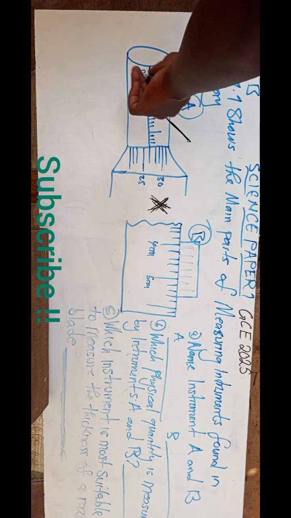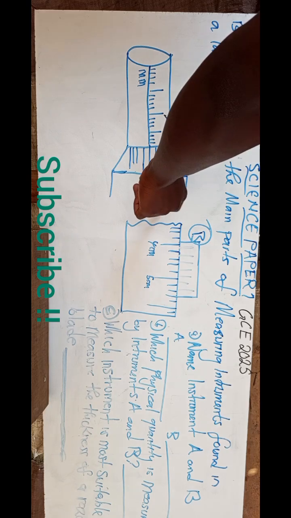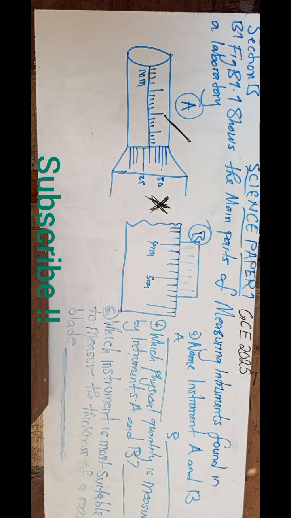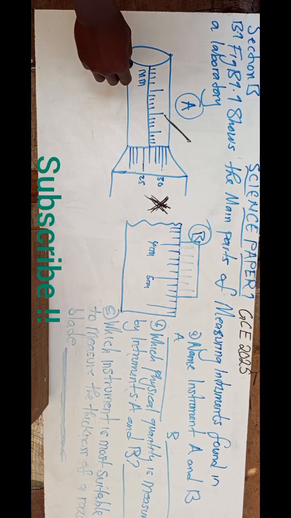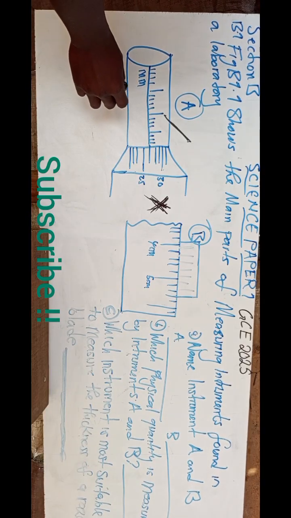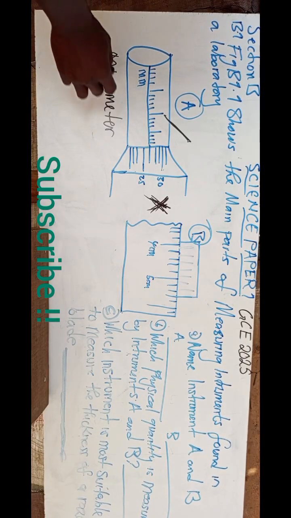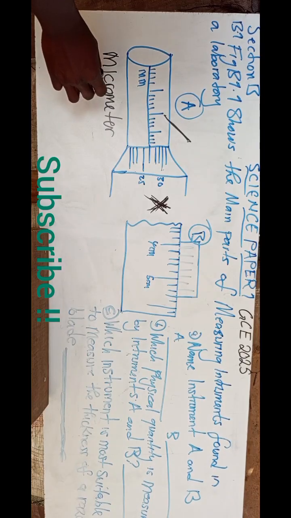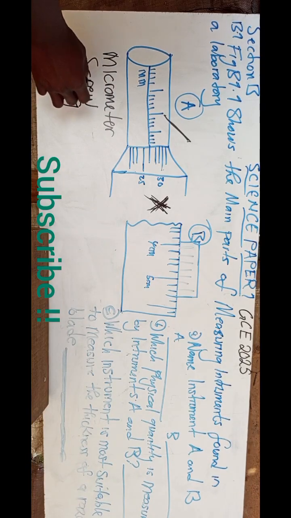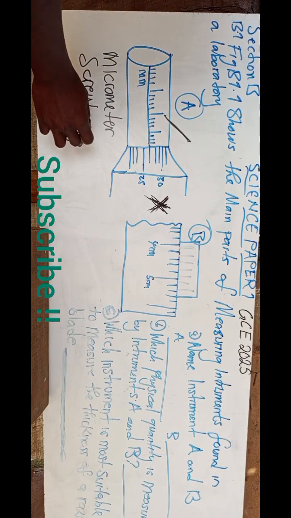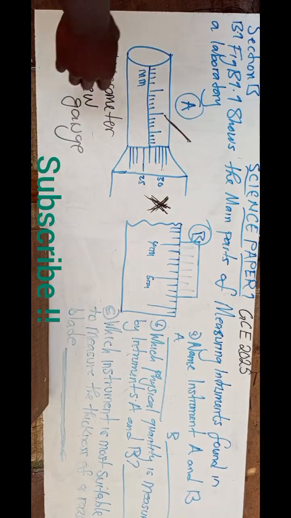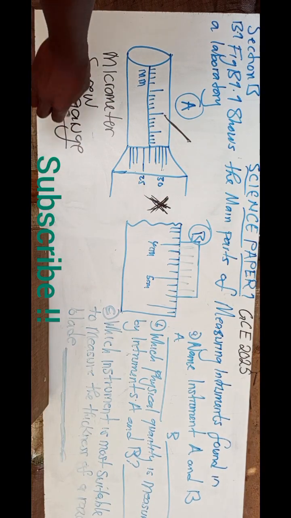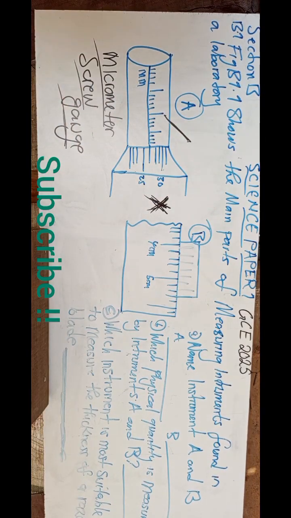And the ratchet is only found on the micrometer screw gauge. So a ratchet and a sleeve are only found on a micrometer screw gauge.